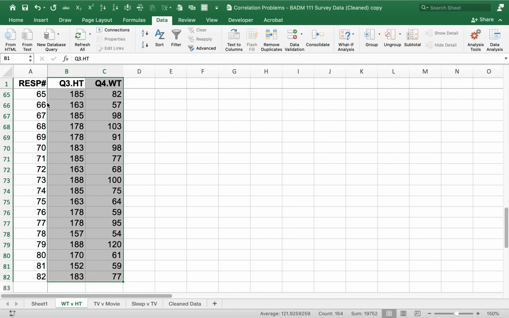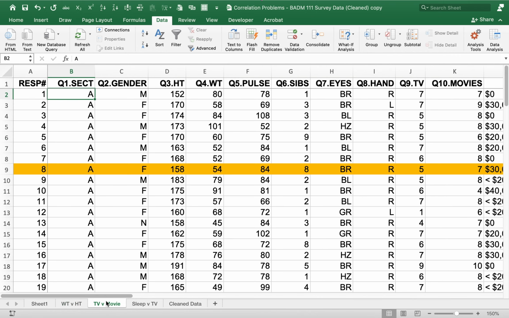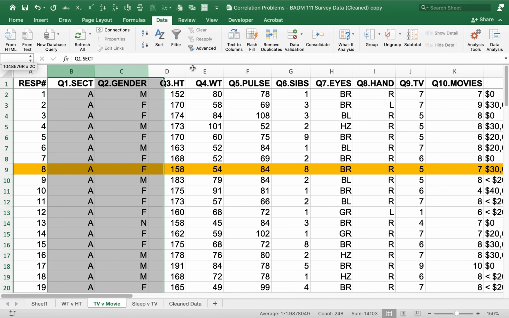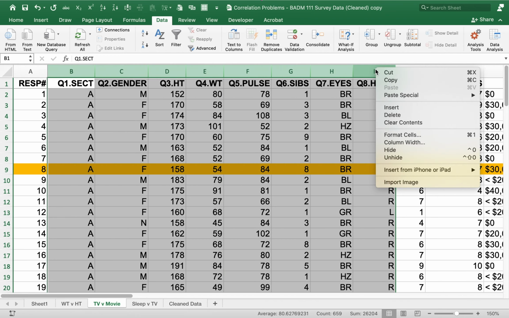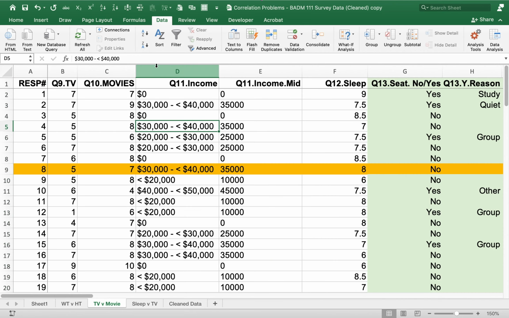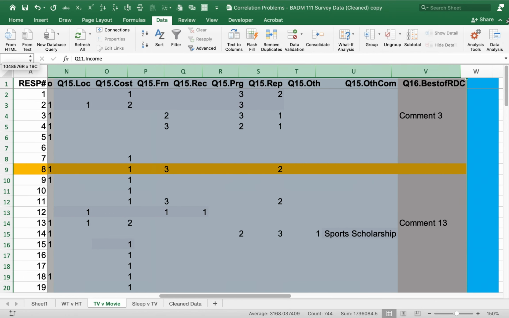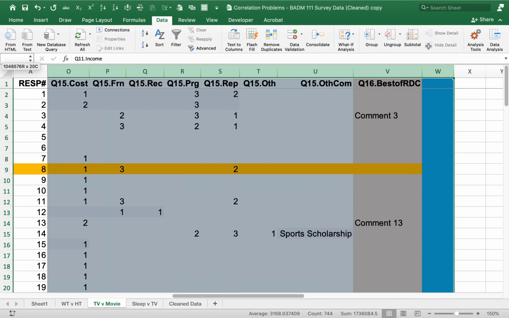So let's go back here. We've taken a look at height and weight, found the relationship between them. Let's take a look at two ordinal variables. So these are TV and movie ratings. So let's get rid of all of the values here. It's set for the TV and movie ratings, like so.